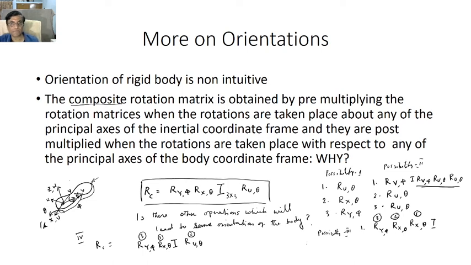So from initial to final, say a body is initially like this, and then the body becomes like this.